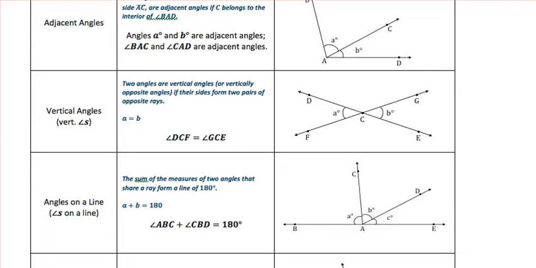But when angles join together to create a straight line, like we have in this figure, their total measure is 180 degrees because a straight line measures 180 degrees. So no matter where you see it, as a matter of fact, look up here in our vertical angles. There's a straight line, so these two angles would equal 180. And here's a straight line here, so these two angles would equal 180.